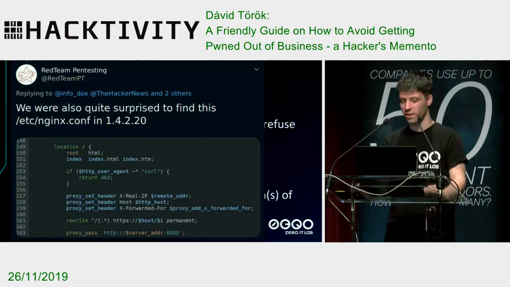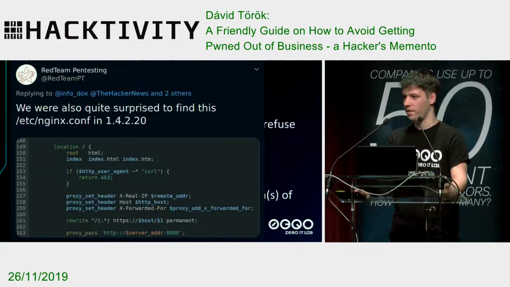In case you're not familiar with this sort of syntax, the code means if the user agent is curl, meaning the curl application is being used to interact with this device, this would return an HTTP 403 instead of the site. So it literally just breaks the proof of concept and doesn't fix any of the issues that were revealed by the exploit.